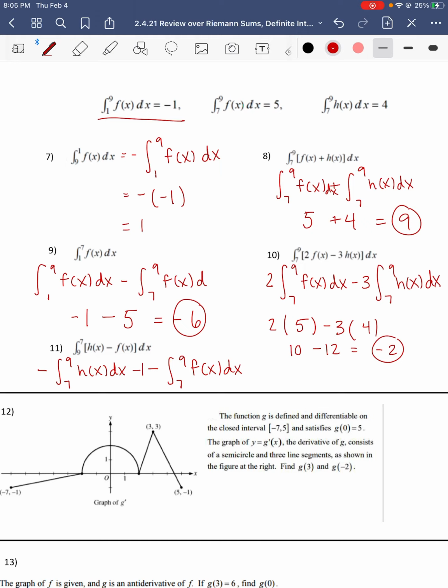And since it's minus and negative, that's really going to become a plus there. So we have minus the integral from 7 to 9 of h of x is 4 plus the integral from 7 to 9 of f of x is 5. So negative 4 plus 5 would just equal positive 1.